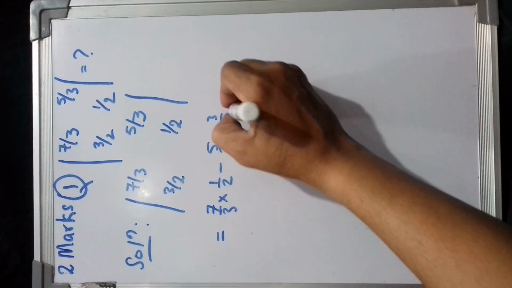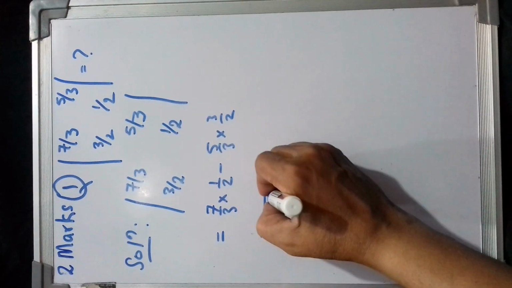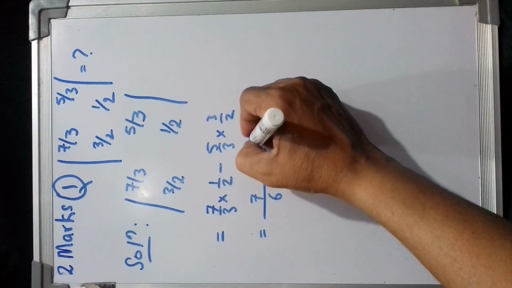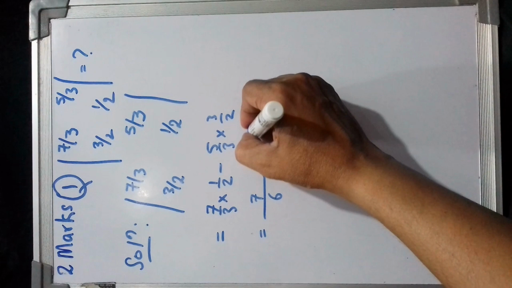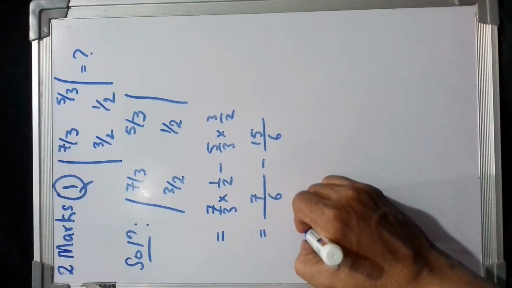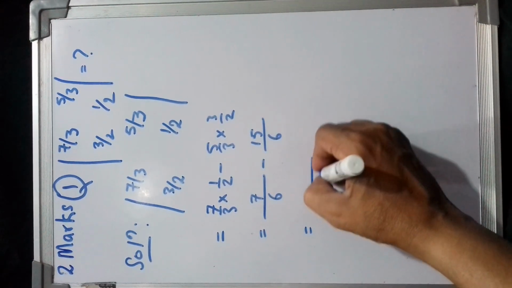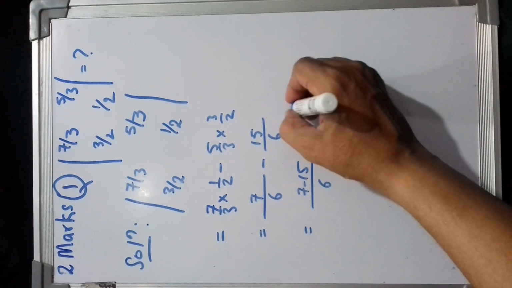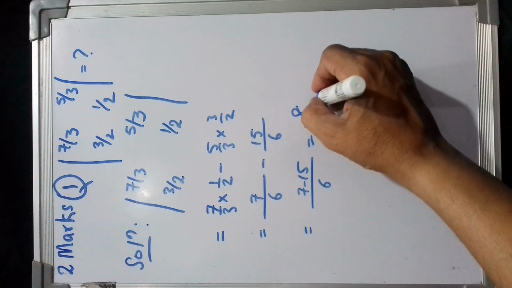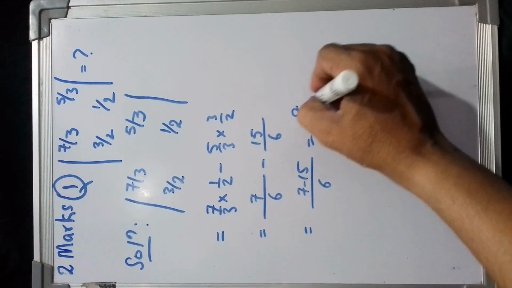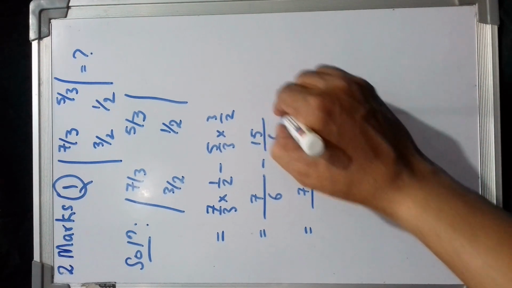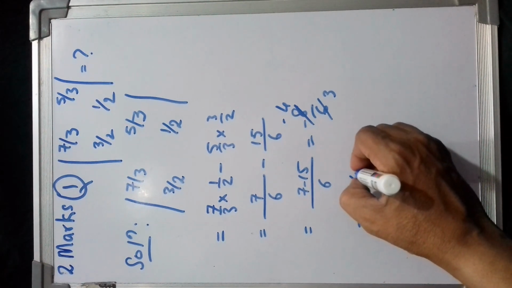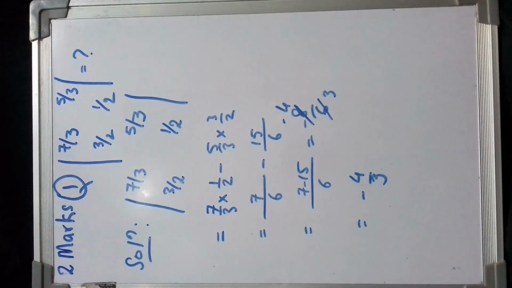So 7/3 multiplied by 1/2 becomes 7/6, minus 5/3 into 3/2. 5 3s are 15, 3 2s are 6, so 15/6. So 7 minus 15/6, that is 8 minus 8/6. So the answer is minus 4/3.